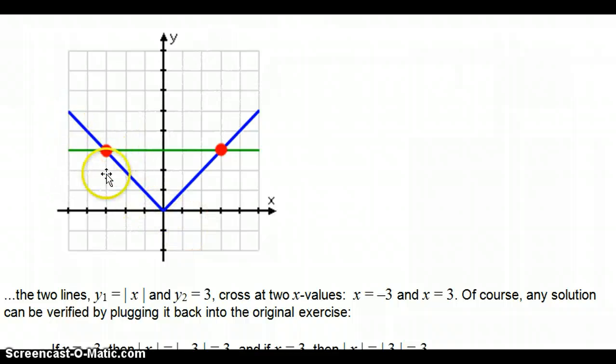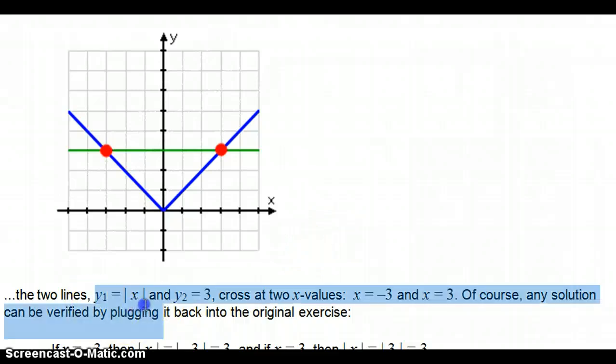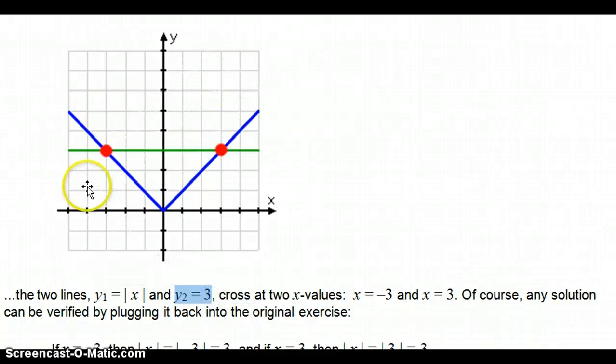This is what we get. We see this is an absolute value graph. It's pointed, it looks like a V because it starts at 0, and then the intersections are at negative 3, positive 3, which gives us the two lines, y1 and y2. So fill in those lines right now.